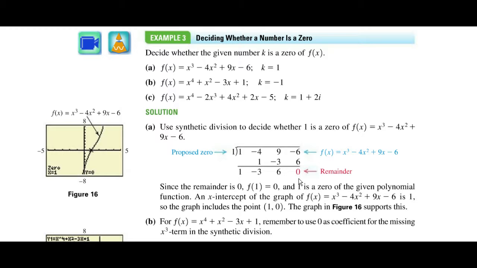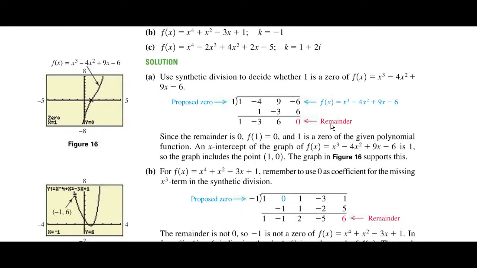You have found a 0. And this first one, k equals 1, is a 0, and the ordered pair of that would be 1, 0. It's an x-intercept.